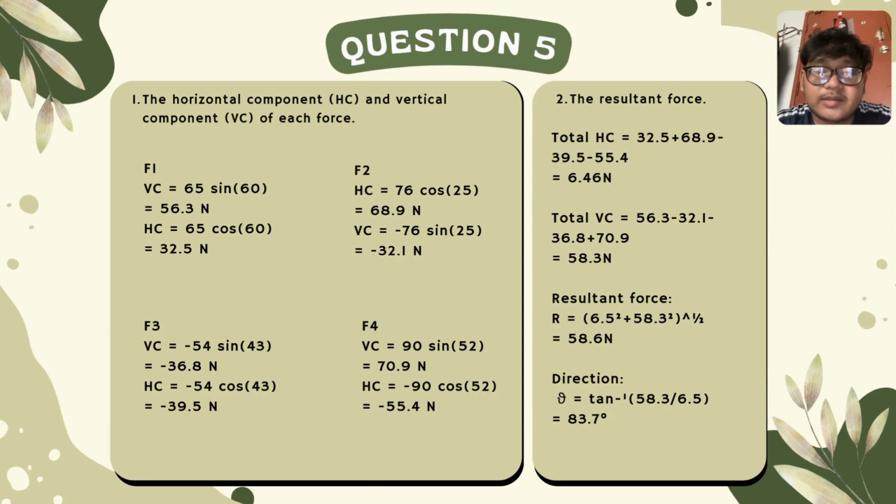The total vertical component, which we find by summing the vertical components, is 58.3 Newton. To calculate the resultant force, we square the total horizontal component and the total vertical component, and take the square root of the sum of the squares.